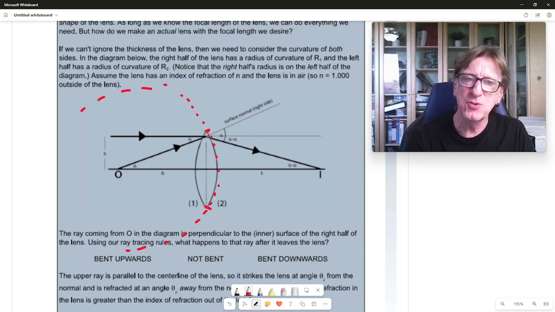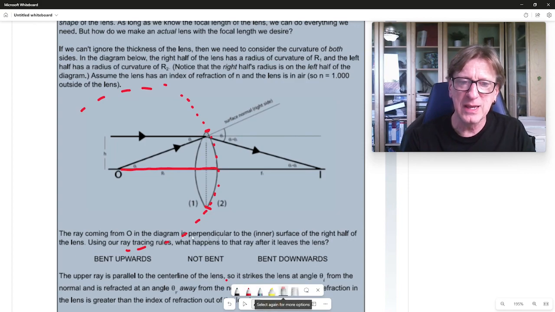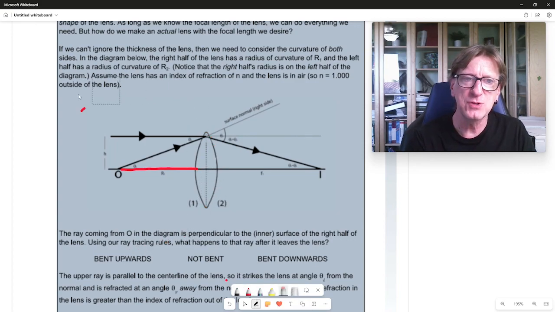But if I had drawn that whole sphere, my radius of curvature would be the radius of that sphere. Now, notice that the radius of curvature for the right half of the lens is on the left side of the diagram, so don't get confused by that. It's going to be one lens, but we're going to treat each side separately.